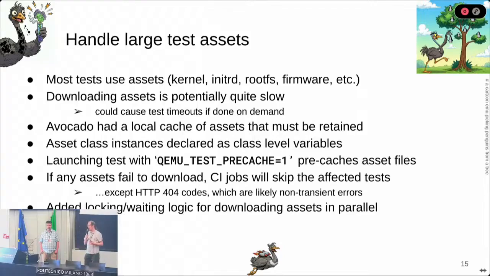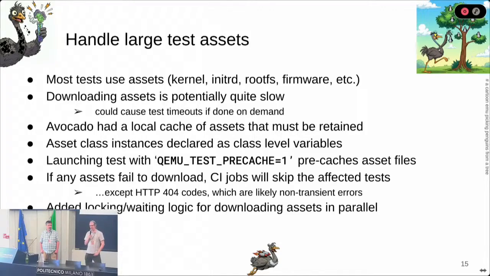If you run the functional tests via the make check-functional command, it will trigger the pre-caching automatically. But you can also trigger the pre-caching manually just by setting that environment variable listed there before running the test binary.